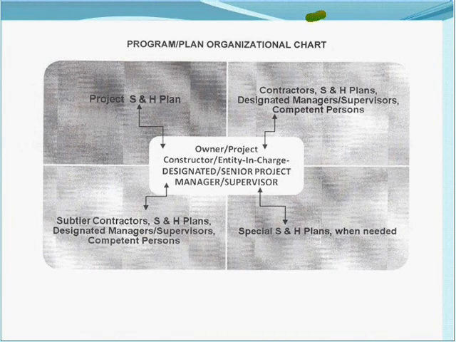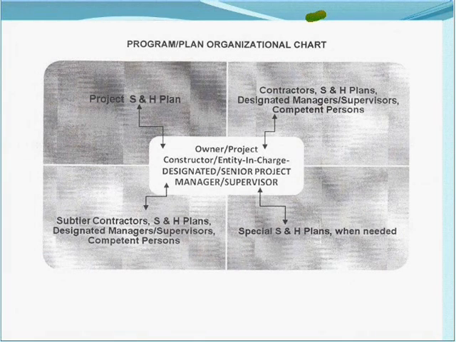Go to the second area. Contractors themselves need to have designated managers and supervisors and competent people. You ought to know who they are, and they ought to be listed in writing. If they're not listed in writing, then you can make some assumptions, such as the competent person will be the superintendent, or the foreman, or whoever is in charge of the work there.